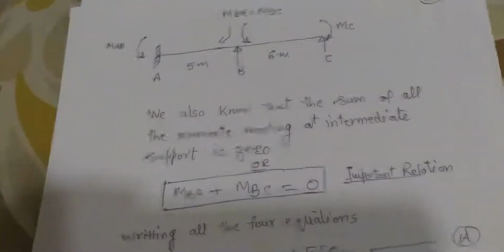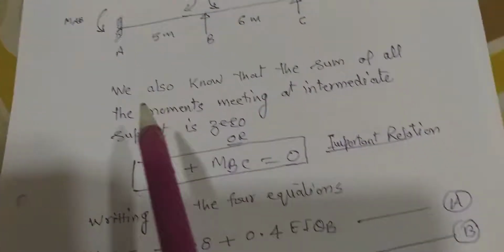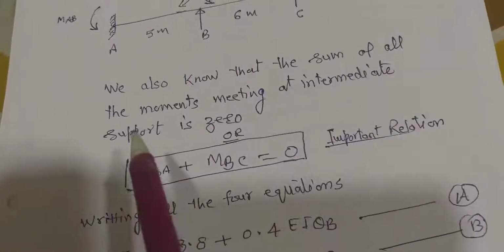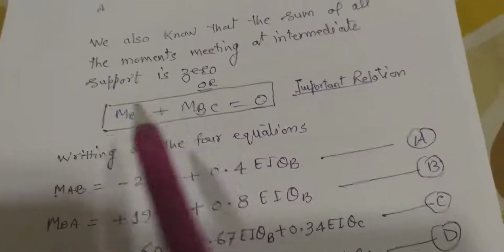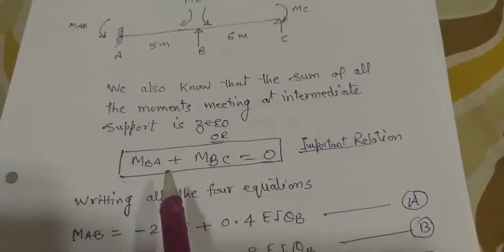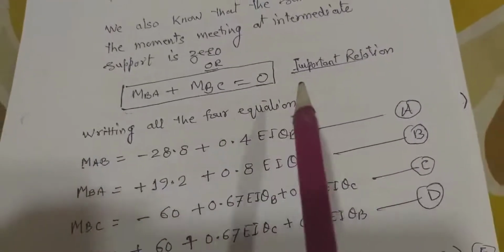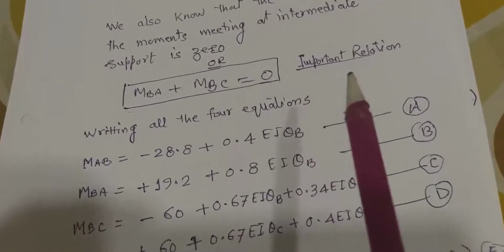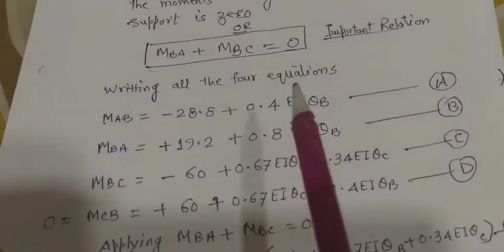Using this concept, the intermediate support has equal moments on both spans. We also know that the sum of all the moments meeting at the intermediate support is 0, so MBA plus MBC must be equal to 0. This is the most important relation.